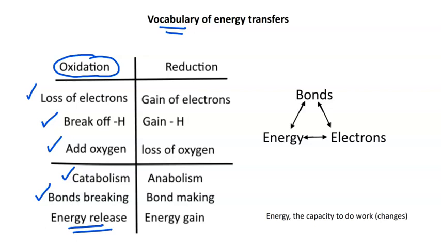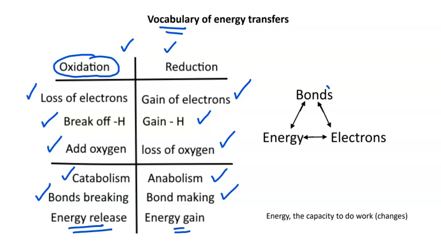Contrastingly, oxidation reactions are generally coupled to reduction reactions, where there's a gain of electrons, a gain of hydrogens, or a loss of oxygen, typically associated with building molecules, bond making, and energy gain.